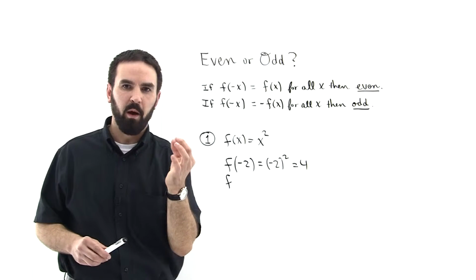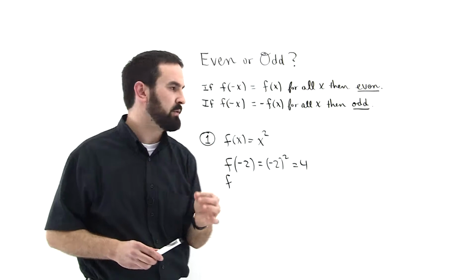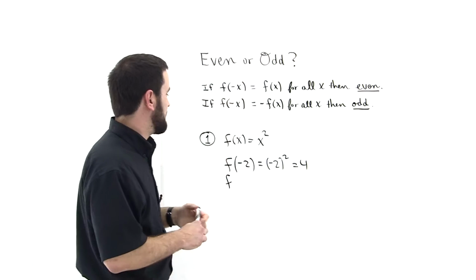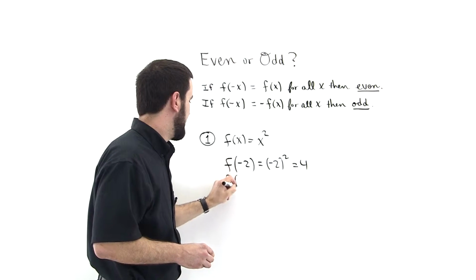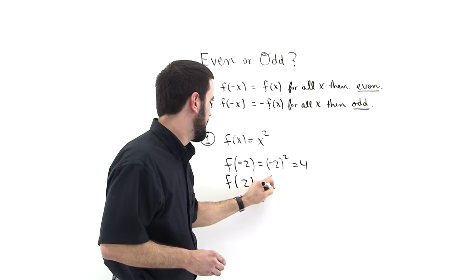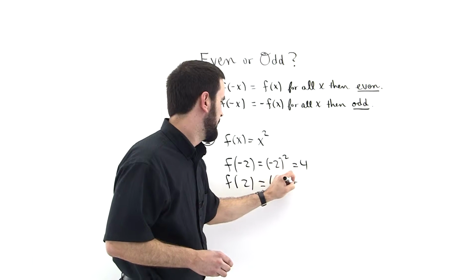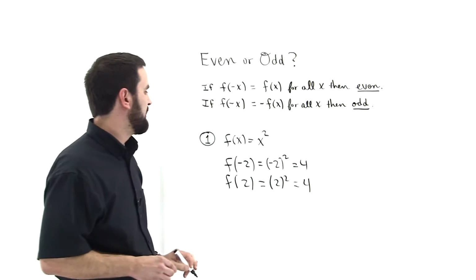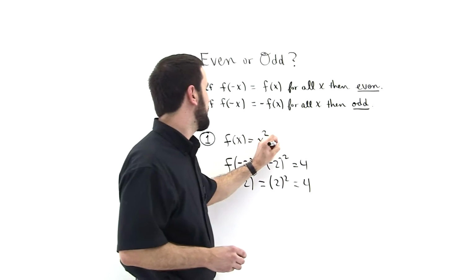Remember, our test point is 2. So f of 2 is what we want to do next. If these two come out to be the same thing, then that means that this is an even function. 2 squared equals 4. And so this function is even.